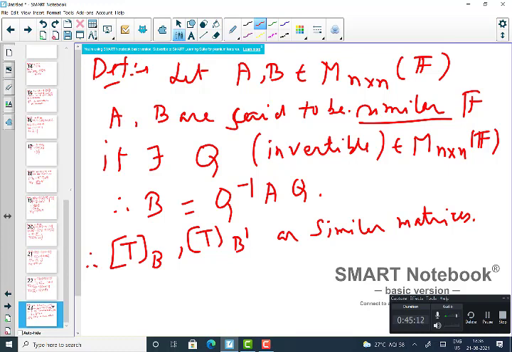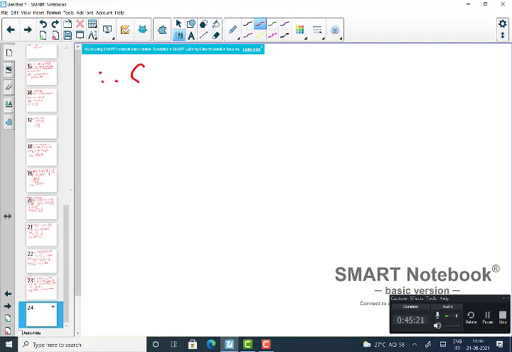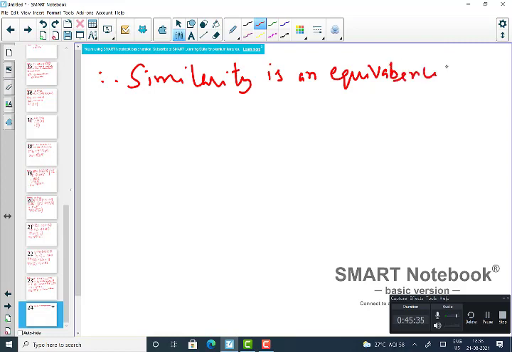So that means this relation is reflexive. Note that similarity is an equivalence relation on that space of matrices. Reflexivity, symmetry and transitivity are simple, right?